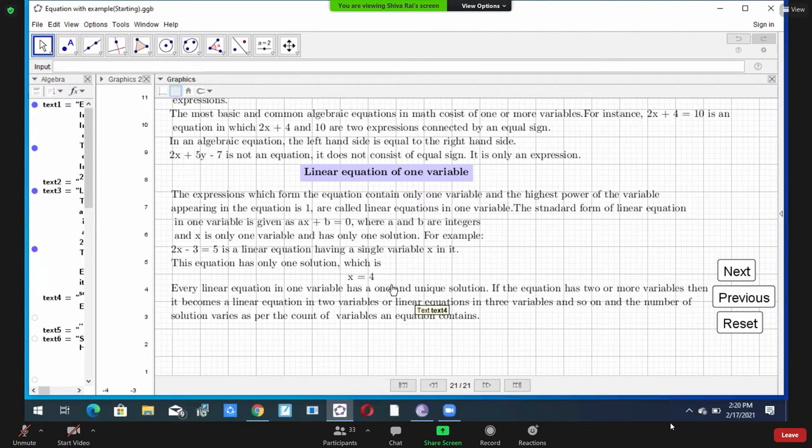But in a quadratic equation you will find two values also. That type we'll do later. If the equation has two or more variables, but in this case only one variable, then it becomes a linear equation in two variables.